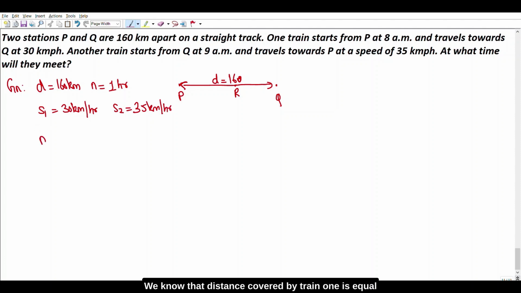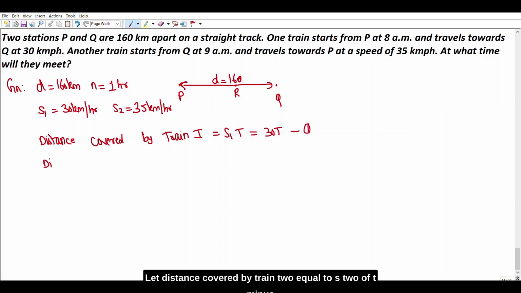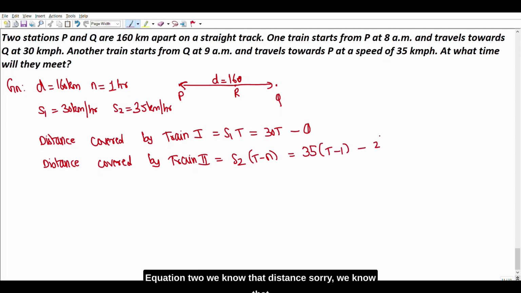We know that distance covered by train 1 is equal to S1t, that is equivalent to 30t. Let this be the first equation. Let distance covered by train 2 equal to S2 of (t minus n), which is equal to 35 of (t minus 1), be equation 2.